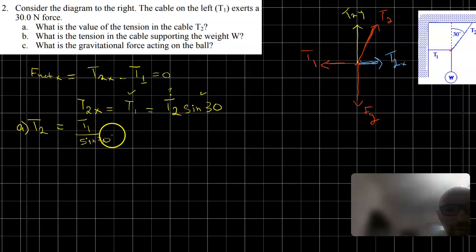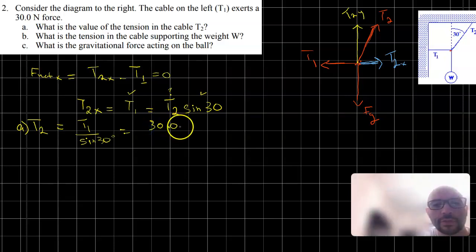So in all of these problems, you always have to draw a free body diagram and try to see if you can find information from there. That is very important, finding Fnet x and Fnet y in every scenario. So T1 is 30 newtons divided by sine 30.